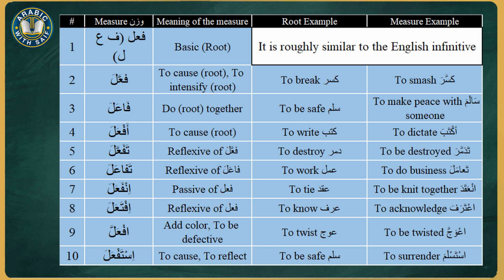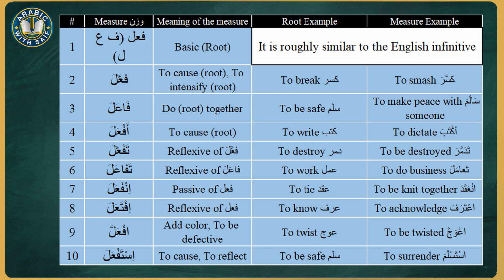Number 3, the measure فاعل means to do the root together. Example, the root سلم, to be safe. On the measure of فاعل, سالم means to make peace with someone.